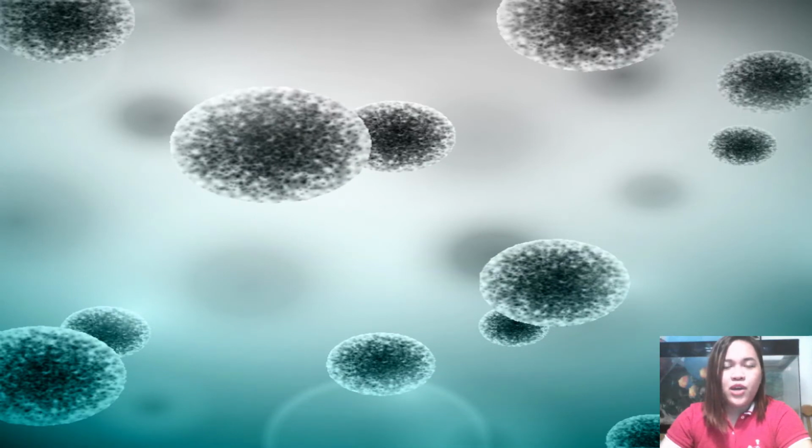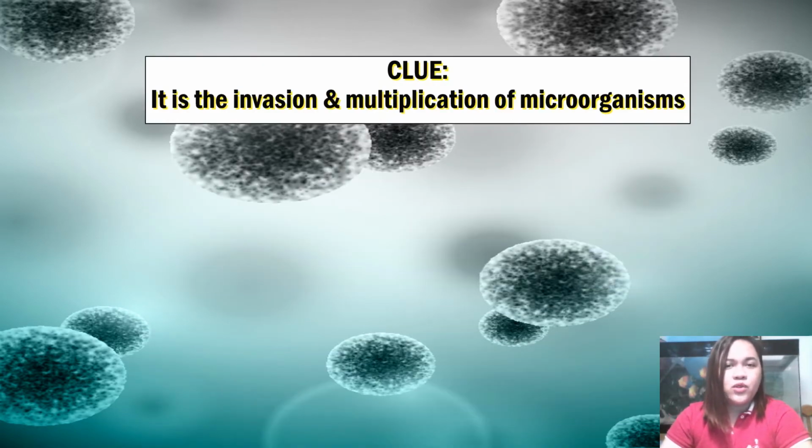I have prepared five terms in all for you to guess. We have some clues, and you will have to fill in the letters that are missing. First term: the clue is the invasion and multiplication of microorganisms.